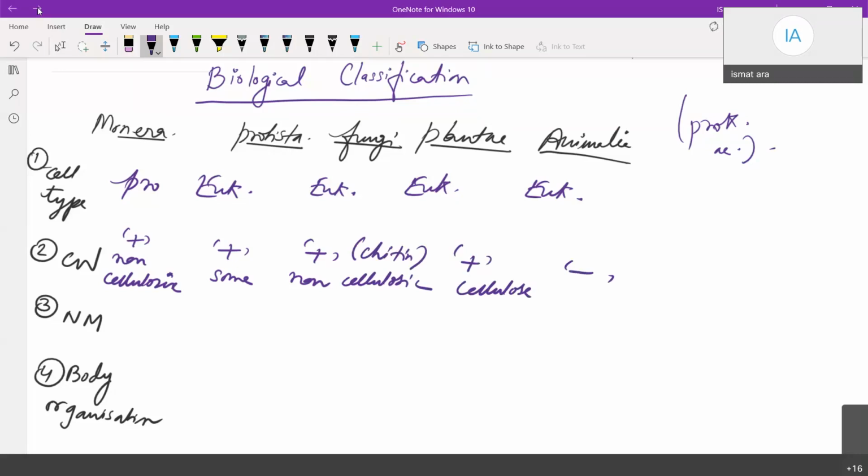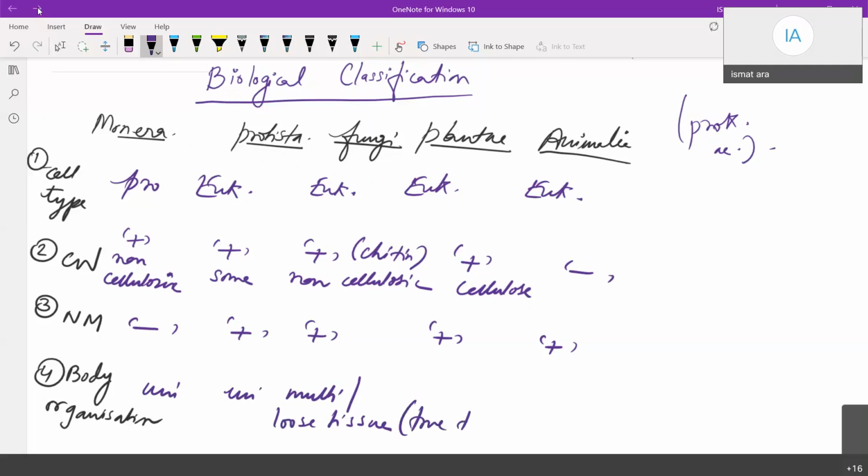Nuclear membrane is absent in Monera. And in all the rest of the kingdoms, nuclear membrane is present. Body organization: they are unicellular, multicellular, but loose tissue. True tissue formation is absent.